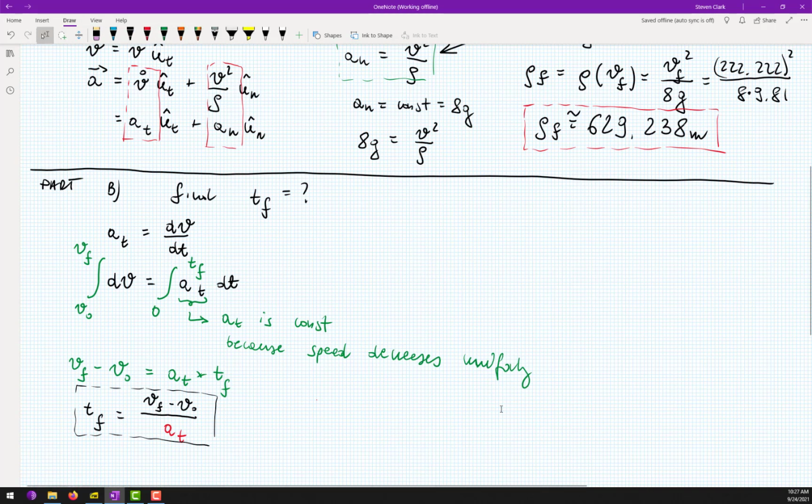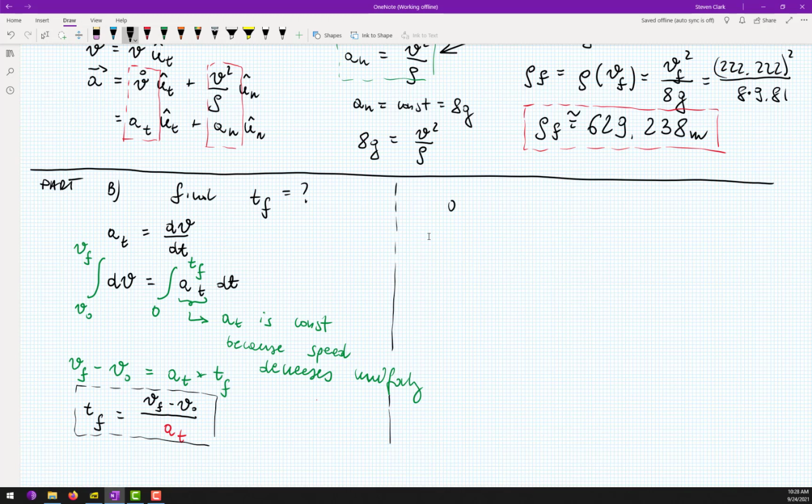Wait a second. I will just make some space for myself here. So you guys know that AT is equal to dv dt, but you also remember our little trick: dv dt times ds over ds, and that was velocity.